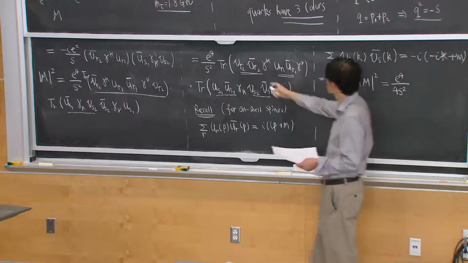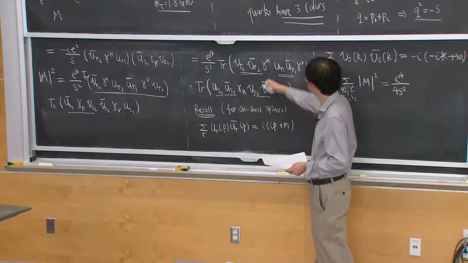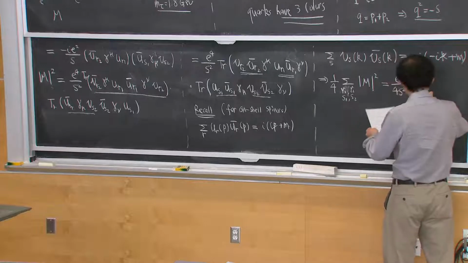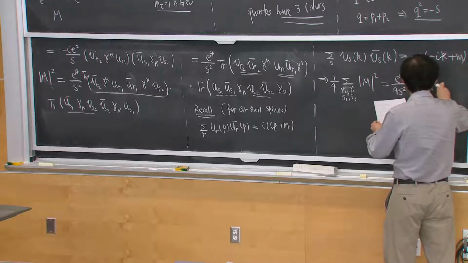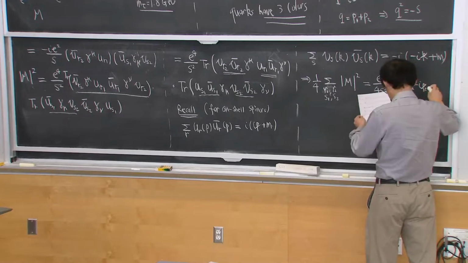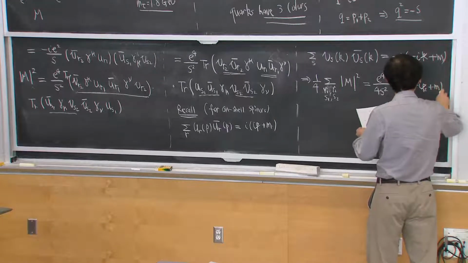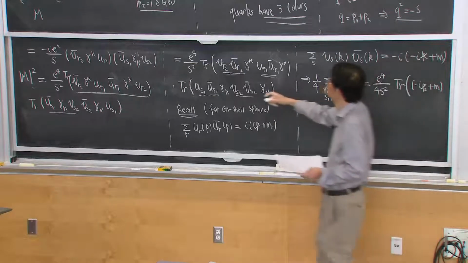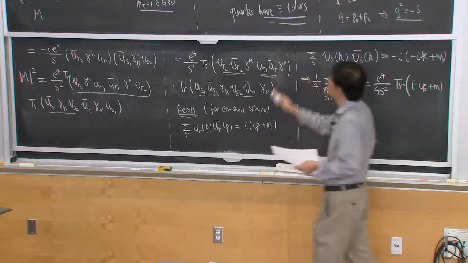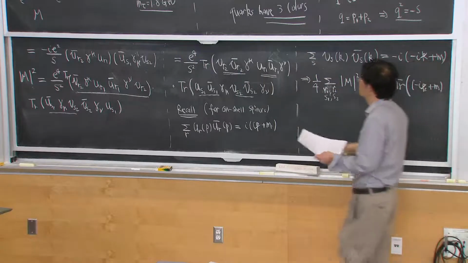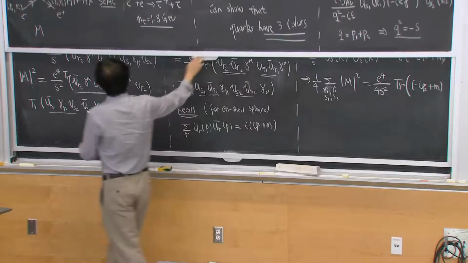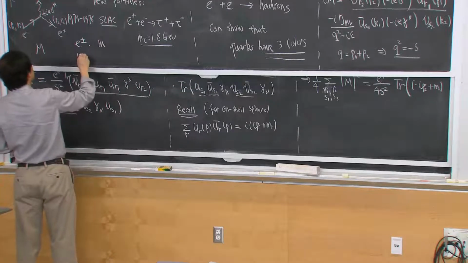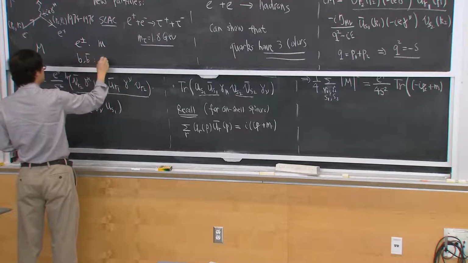And then we just apply those formulas into here. So we get trace of minus I P2 slash plus M. M is the mass of the initial particle, and I take M prime as the mass of the final particle. So the electron and positron have mass M, and the muon and antimuon have mass M prime.